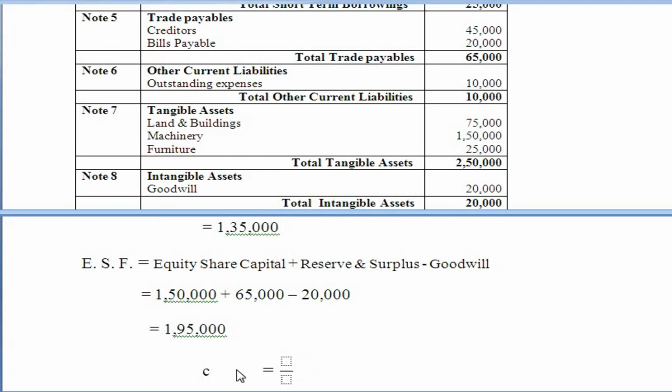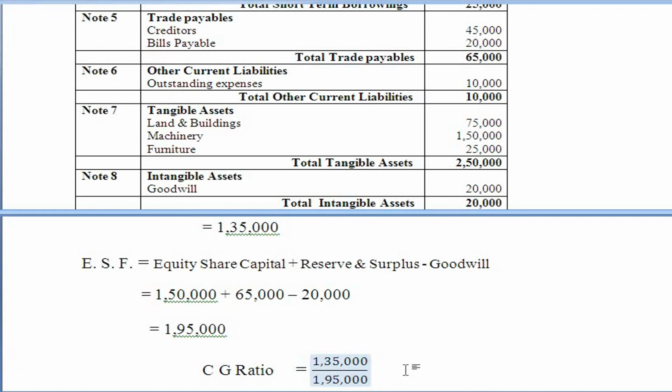Next line write, capital gearing ratio is equal to fixed interest and dividend bearing funds, which is how much? 1,35,000, divided by equity shareholders funds, how much? 1,95,000.